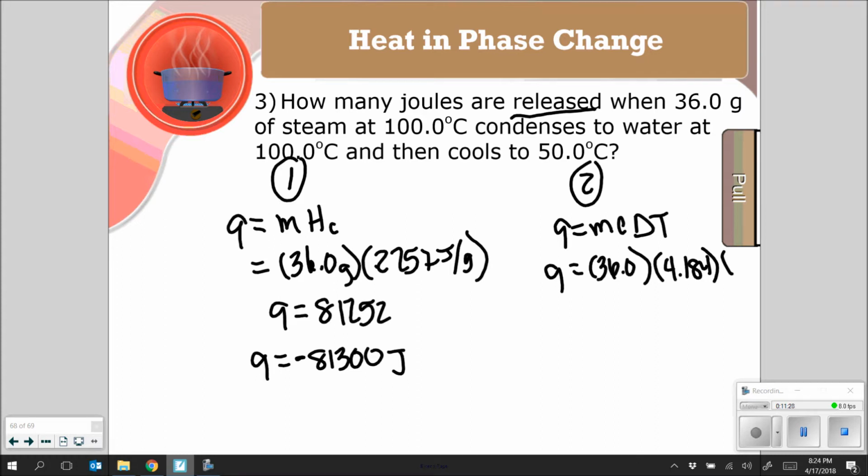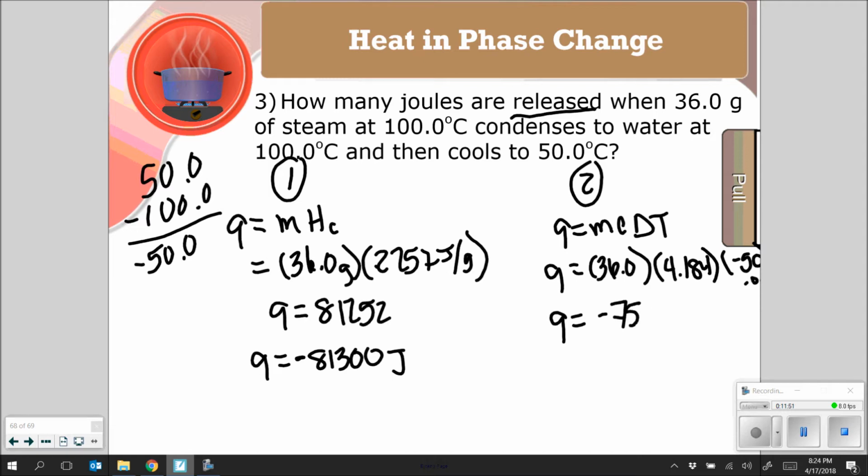And my change in T in this case is going to be 50 minus 100. Final minus initial, so we get negative 50.0 degrees. Sorry, ran out of room. So I'm going to go ahead and solve, and I get a negative, when I do significant figures, 3 significant digits, 7530 joules.